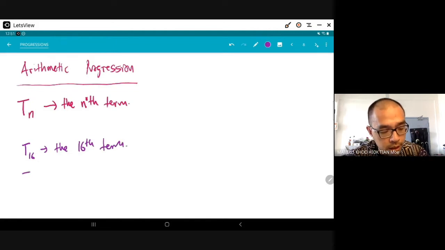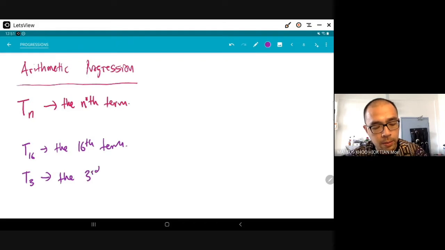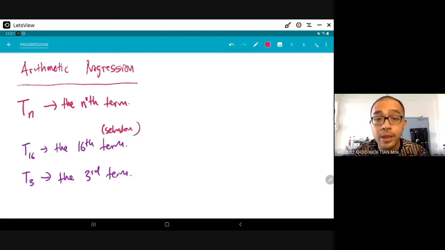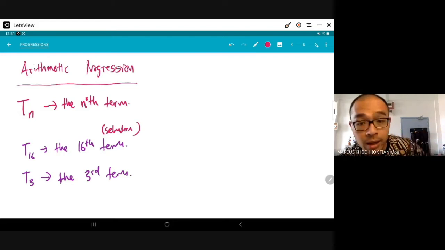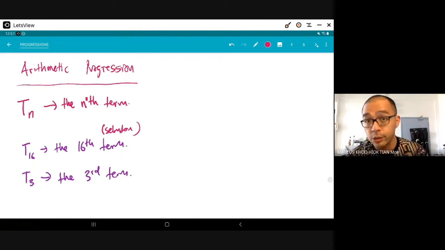If this is T3, this is the third term. In Malay, term is sebutan. So T16 will be sebutan ke-16, and T3 will be sebutan ke-3. Tn, whose number we don't know, is sebutan ke-n.